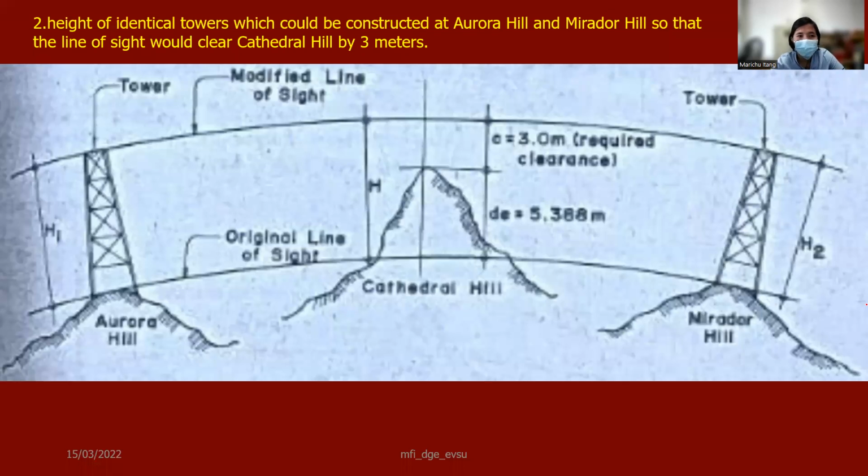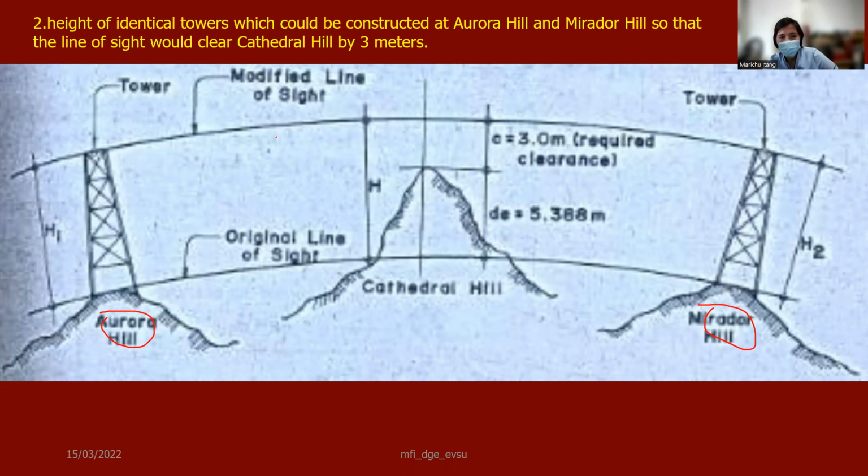Let's move to number 2. What would be the possible identical tower which could be constructed at either Aurora and Mirador Hill, since dalawang identical tower, so that the line of sight would clear the Cathedral Hill by 3 meters. So the situation is, gusto nilang mag-construct ng magkasing haba na tower between Aurora and Mirador Hill.